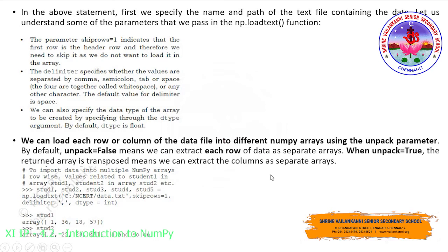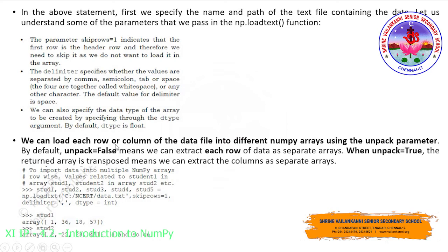And one more thing, it is not that we have to load the entire data as an array. It is also possible to extract each and every row separately from an array. To do that, we have to make use of a parameter called unpack. So to load each row or column of the data file into different NumPy arrays, we make use of the parameter called unpack.